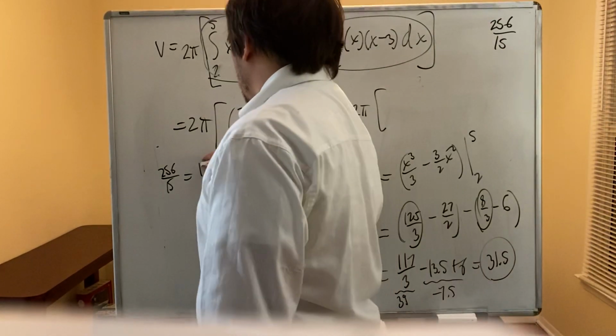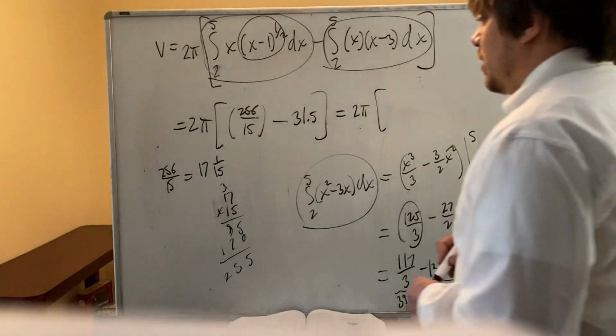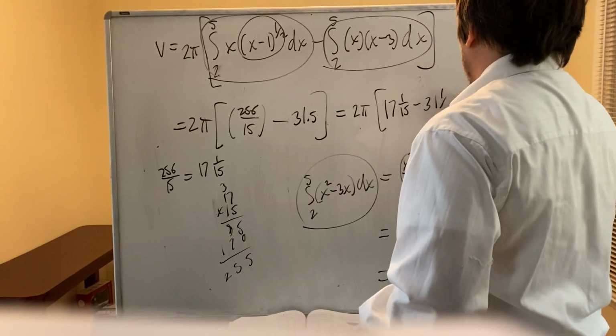So that's 17 and 1/15. Okay, so it's 17 and 1/15 minus 31.5.